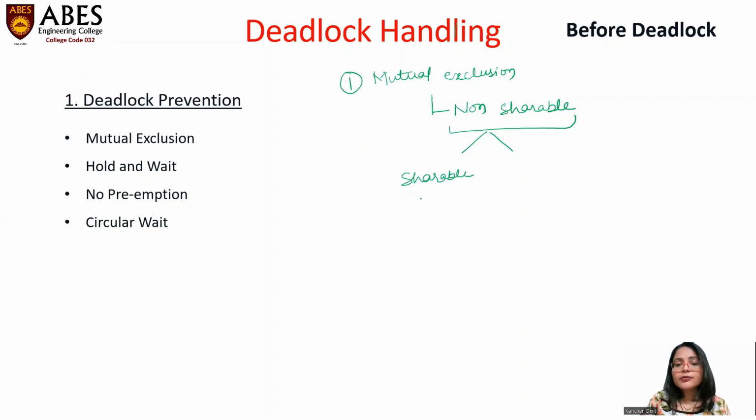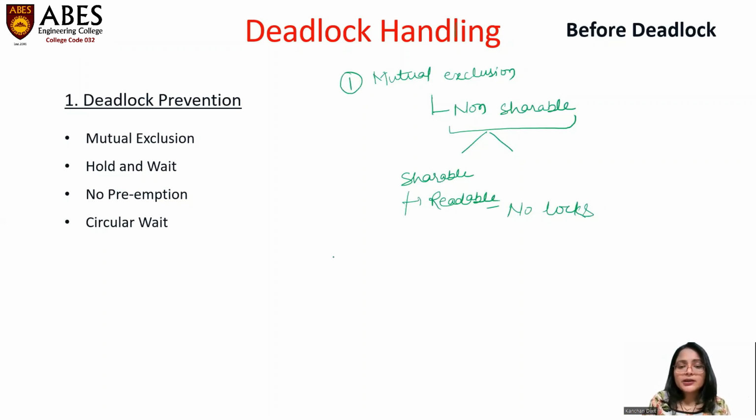Sometimes there is a file that requires a read operation from a process, so we can make it shareable by making it a read-only file. So these are the options where no locks are required for access to the resource.